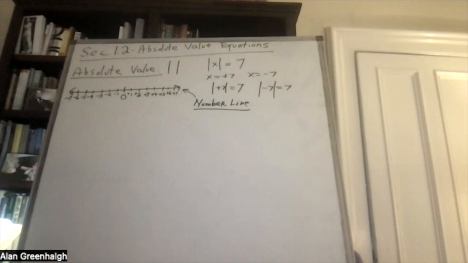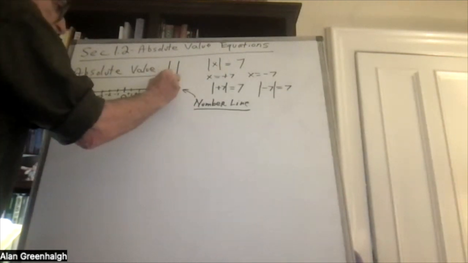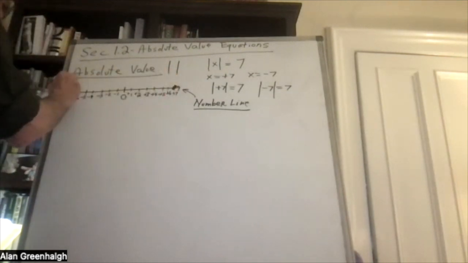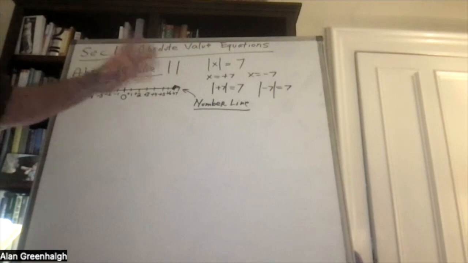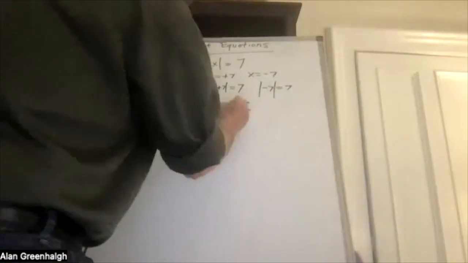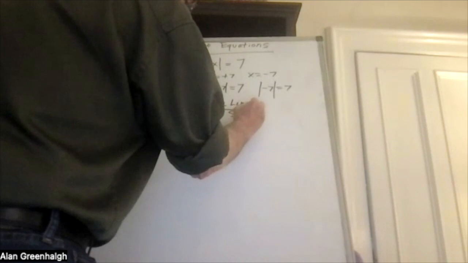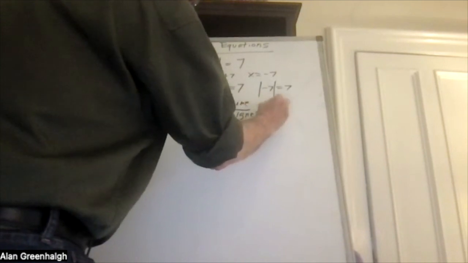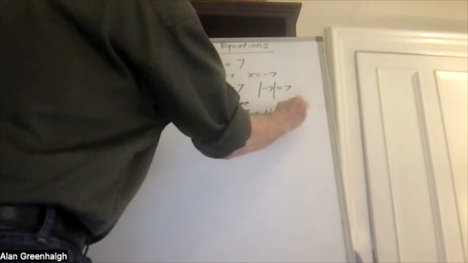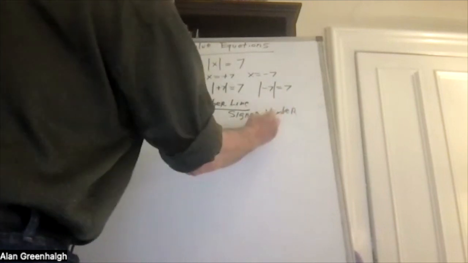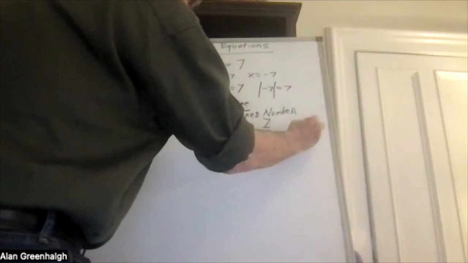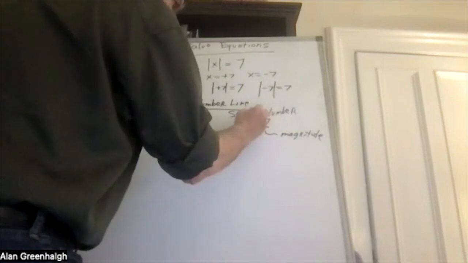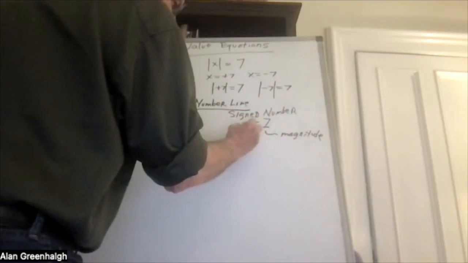When we talk about the absolute value of 7, we are saying, well, here's 7. Here's -7. And we're not interested so much in a signed number. Let's talk about what a signed number is. A signed number is a number that has magnitude and it has direction.